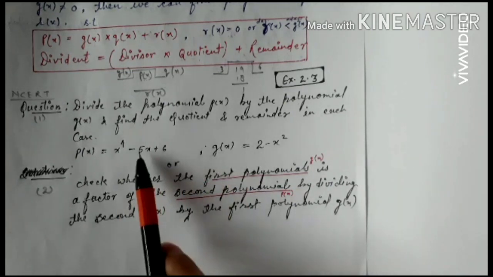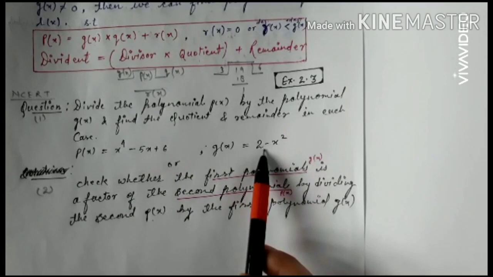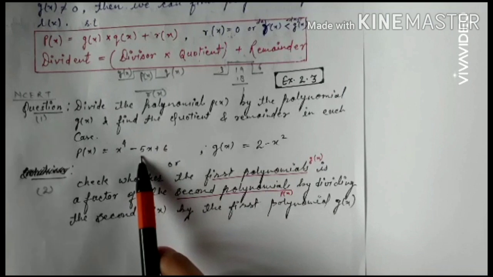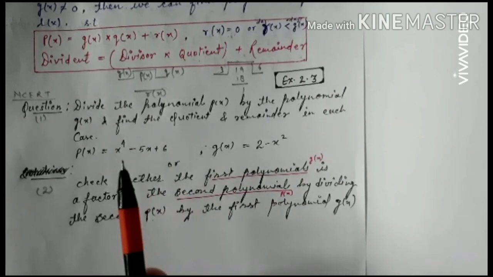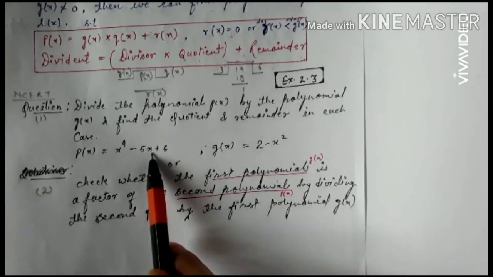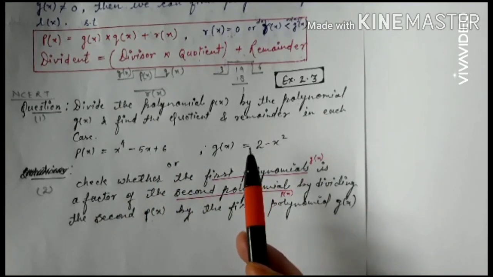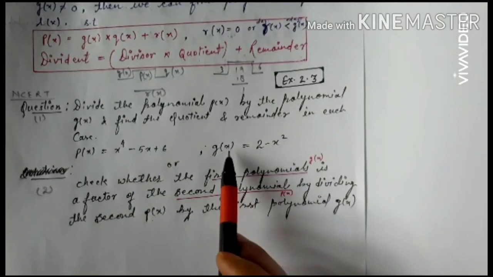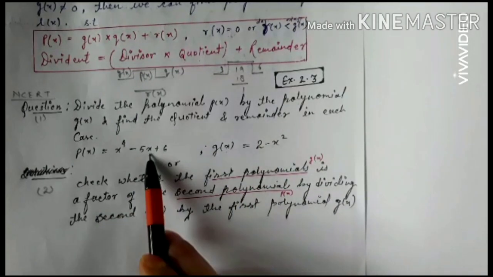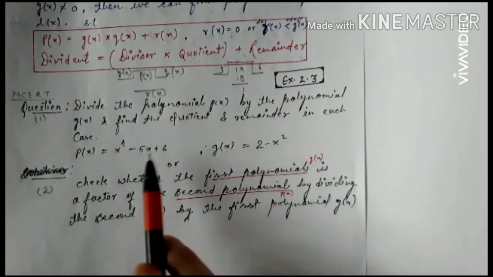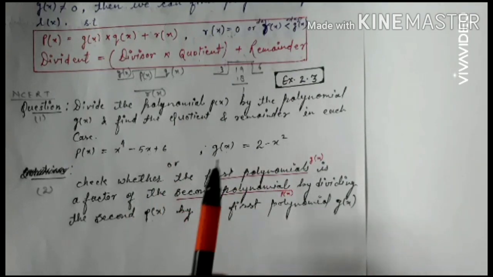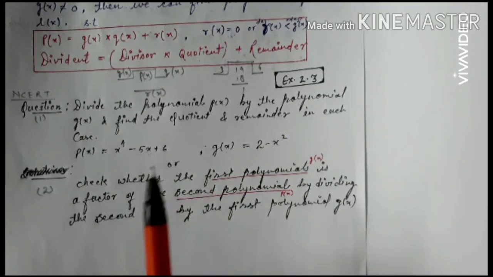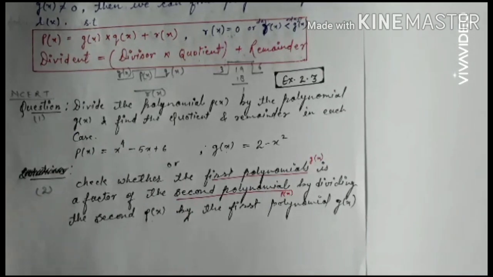When you divide, if you get remainder 0, it is a factor of this one. But if the remainder is something other than 0, then it is not a factor. When the divisor completely divides the dividend, we can say it is a factor. But when it does not divide completely, we say it is not a factor.